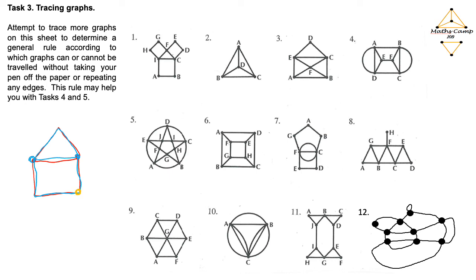So your task is simple. You need to try to trace these graphs, and you want to travel them without taking your pen off the paper or repeating any edges. So for example, in my example, I repeated one of the vertices, but I didn't travel any side, any edge twice.